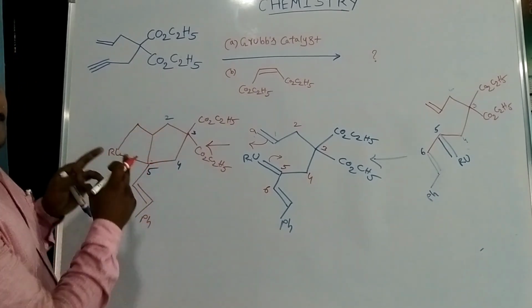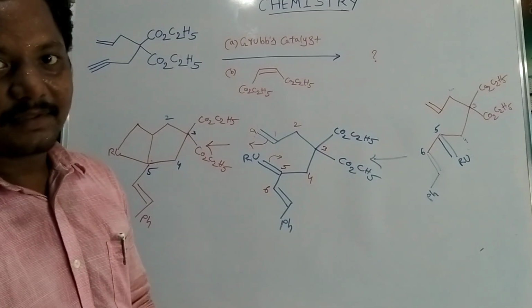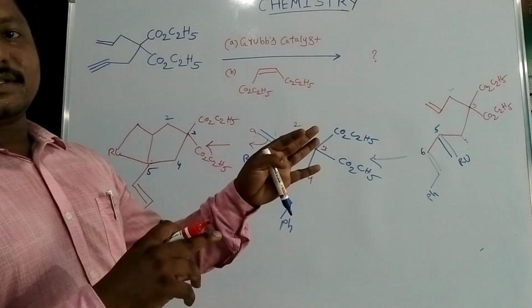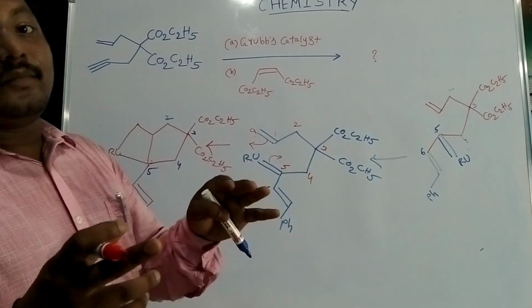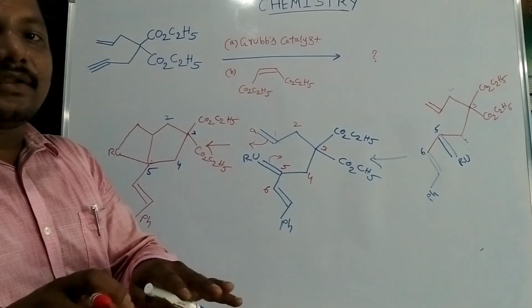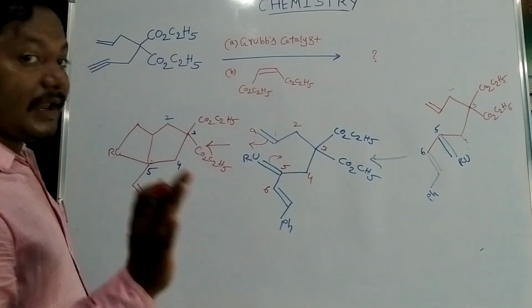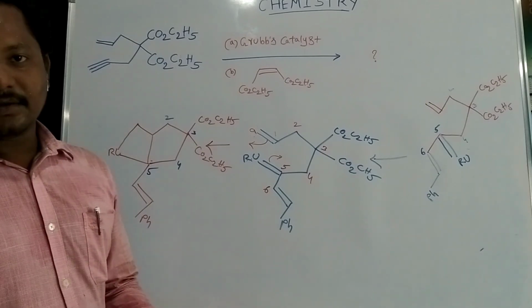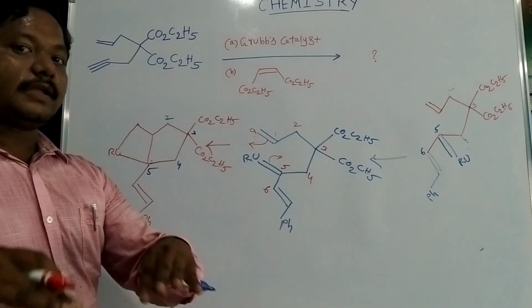This is again like cyclobutane. Previously, with the C triple bond C, what forms is like cyclobutene. Here only olefin metathesis, like cyclobutane. Fine. Here again what is going to happen? Again bond breaking.